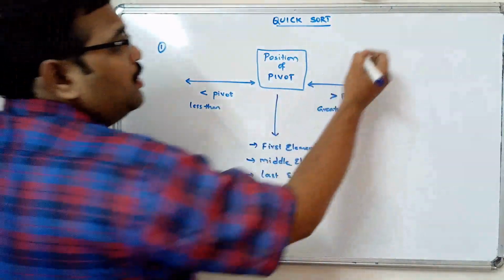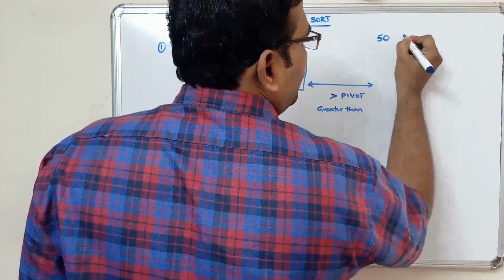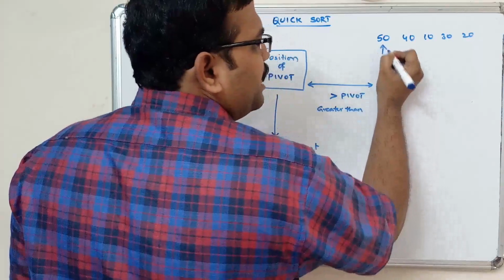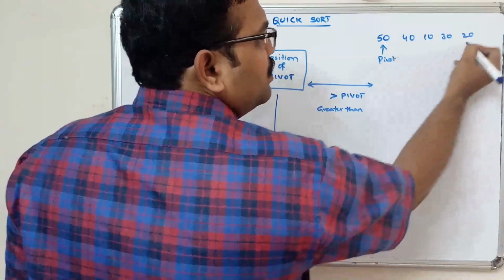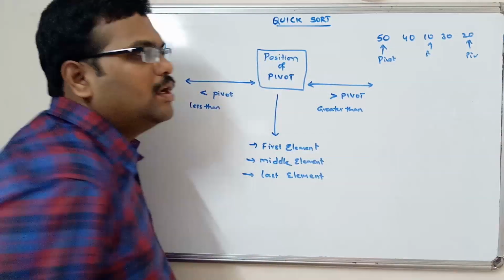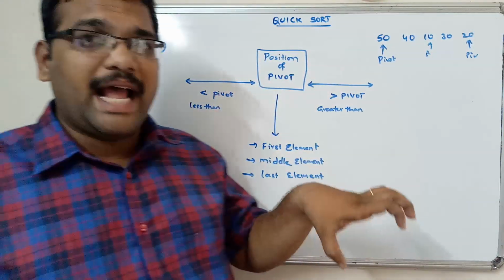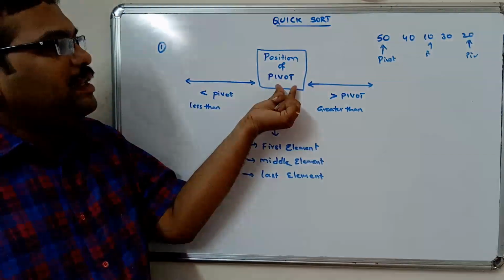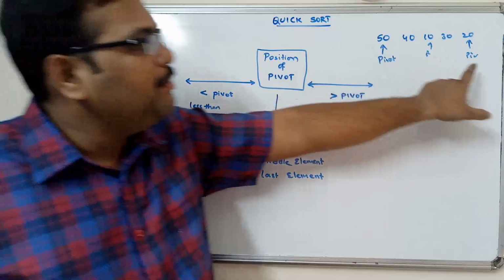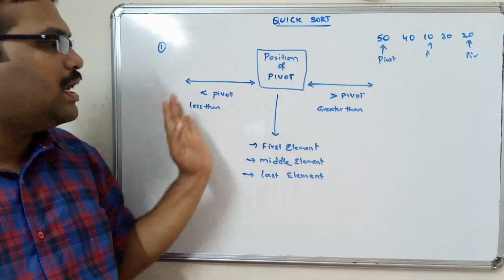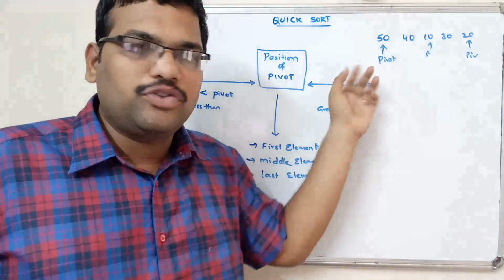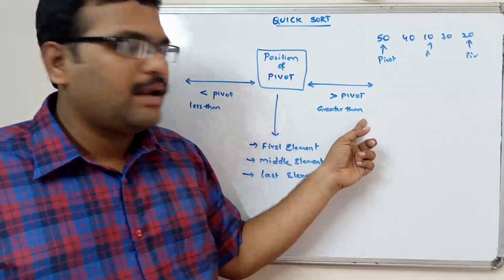For example, if the numbers are 50, 40, 10, 30 and 20, this element can be considered as a pivot, or this element, or this element. After choosing the pivot, we have to find its position such that all the elements less than the pivot are on the left hand side, and all the elements greater than the pivot are arranged on the right hand side.